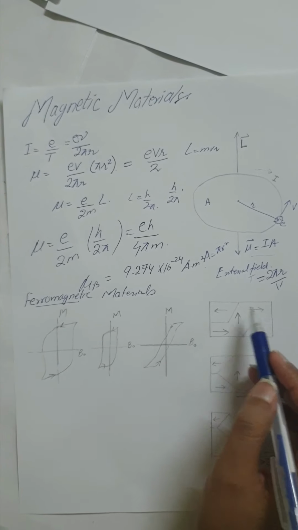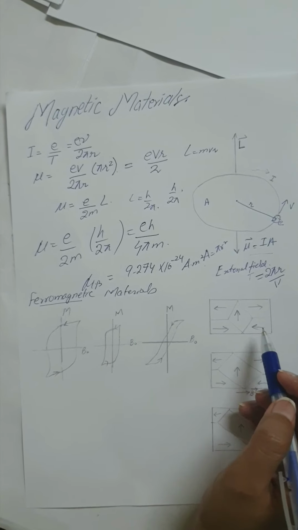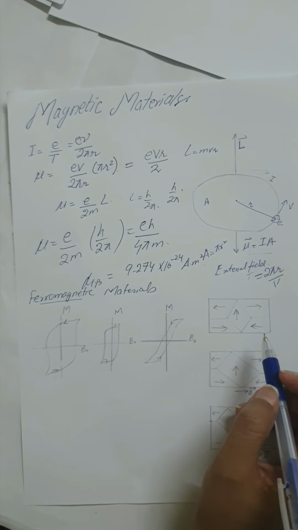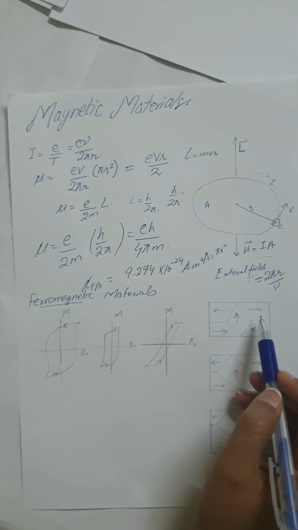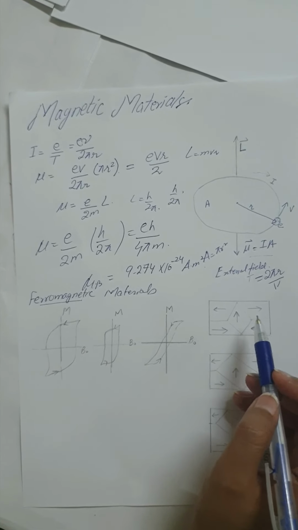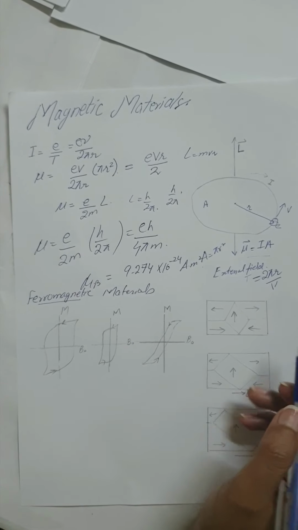So here, in this figure, an example of magnetic domain structure is given. Within each domain, nearly all of the atomic magnetic moments are parallel. When there is no external field applied, the domain magnetizations are randomly oriented.